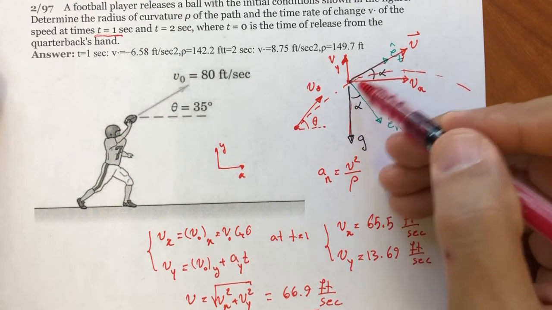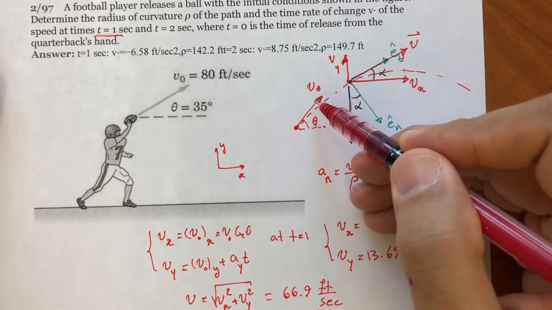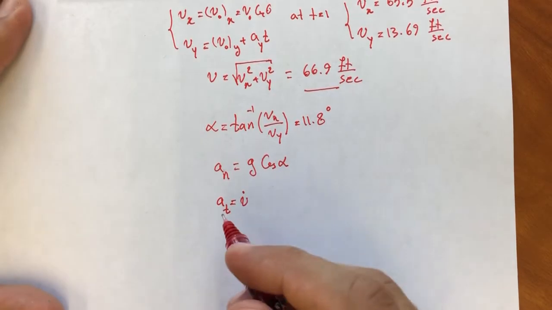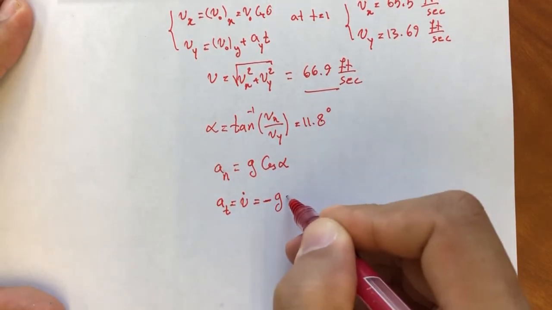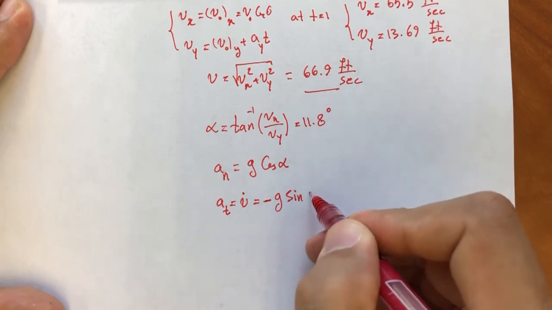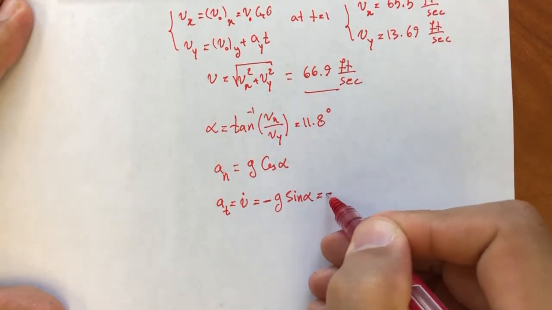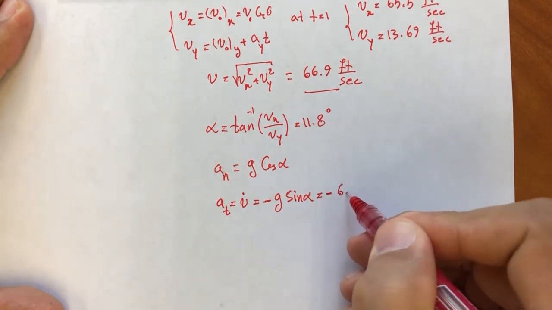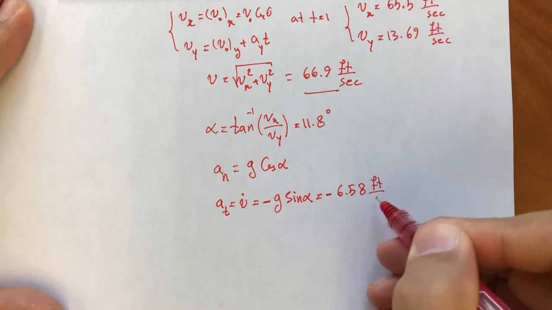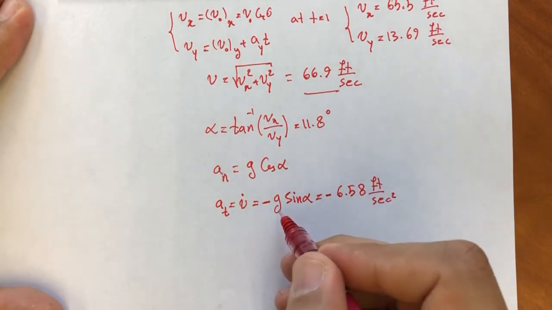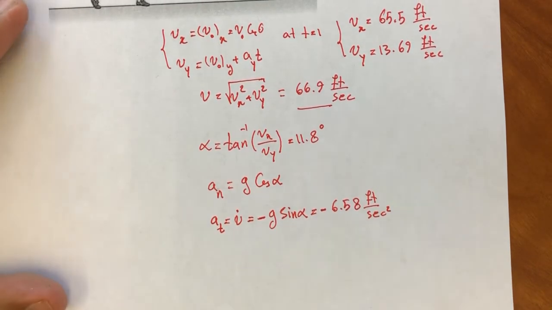And the component of g in that direction is going to be g times sine of alpha, but in the negative direction. So at, or v dot, is equal to negative g times sine of alpha, which is going to be equal to negative 6.58 feet per second squared. Keep in mind g is equal to 32.2 for US units.